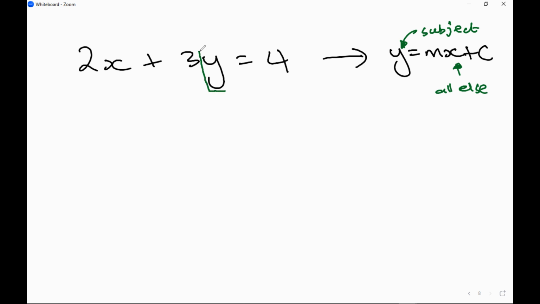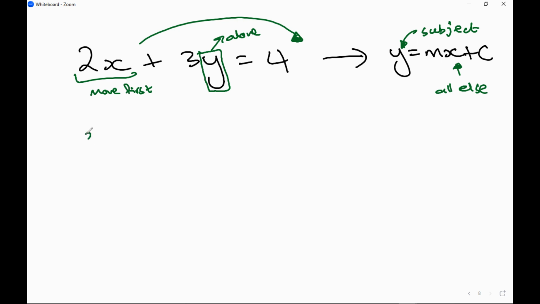So there's y. You want to get that to be alone. So let's move the 2x first. And let's change the sign into minus. So subtract both sides by 2x, getting 3y equals 4 minus 2x.